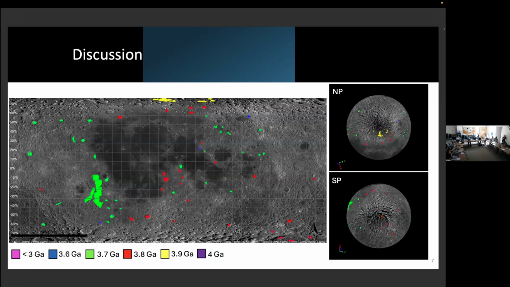Okay, so there would be a lot to say about only this slide, but for the sake of time, I do want to point out a few things that came up constantly while we submitted our papers. There are 2 possible ways that you can read this map, depending on what age you choose to assign to at least the last 3 basin impacts.